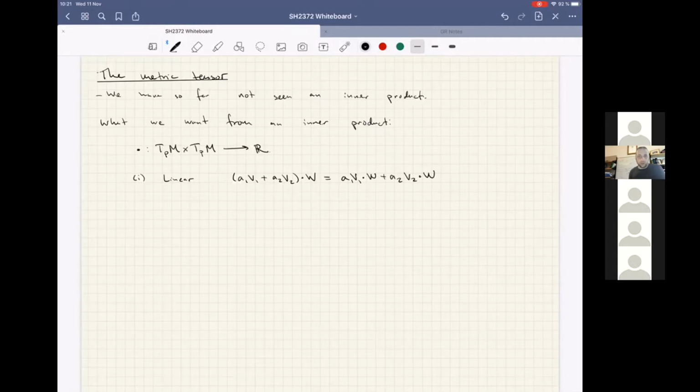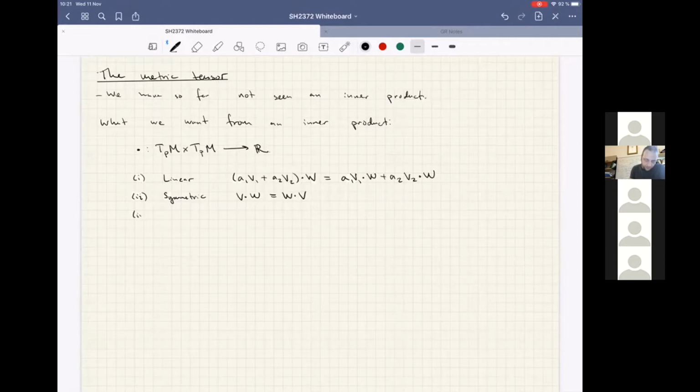We also will require that it's linear in the second argument, but that's also going to be a consequence of the second property that we want the inner product to have, which is that it should be symmetric. That is, if we take V inner product with W, that should be the same thing as W inner product with V.